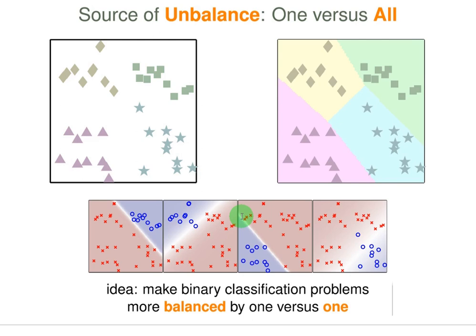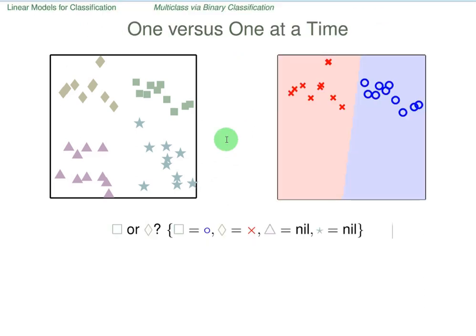One of the approaches would be to decompose the multi-class data into pairwise binary classification problems, and then consider not one versus all, but one versus one binary problems. For example, in one versus one, we take only one pair of classes at a time.